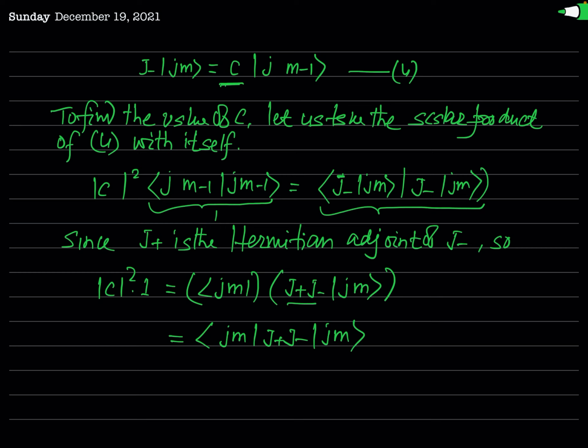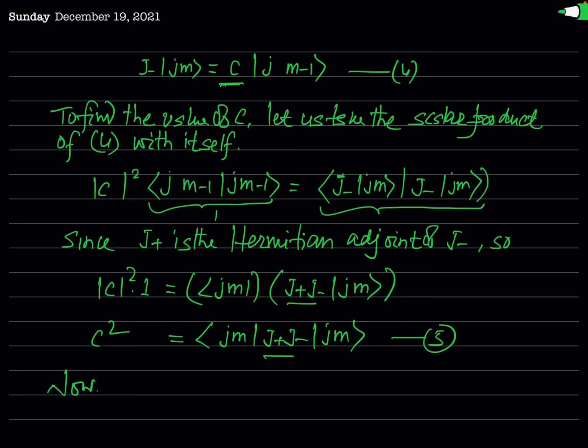But to get the expectation value of this operator j plus j minus, first of all we will obtain this operator j plus j minus in terms of the operator j square and jz. And for this we will evaluate this operator j plus j minus. Let us say this is equation 5. In fact, this c square is equal to this much.